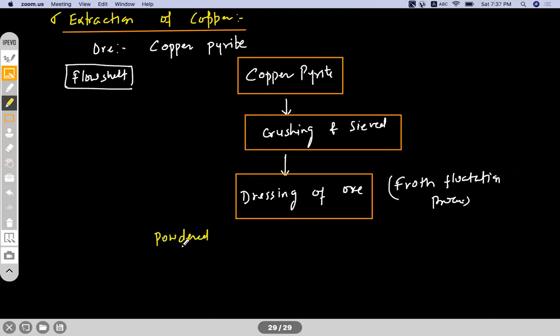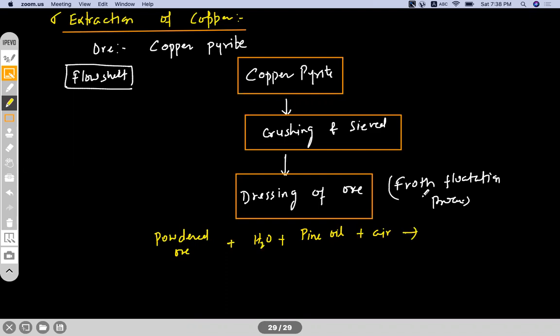A little bit of understanding you must have, like the way we have discussed the general process, but eventually you have to mug this up. There's no other way, right? So powdered ore, H2O, we add pine oil to generate froth, and air also will pass through it.